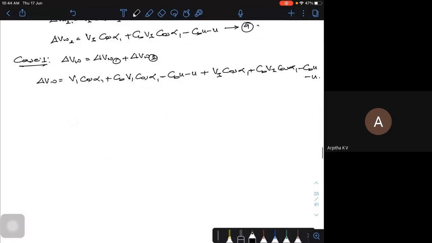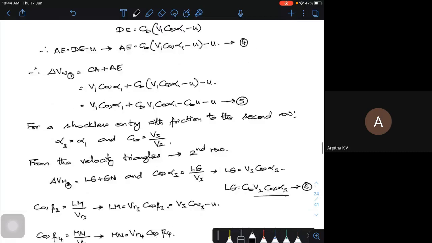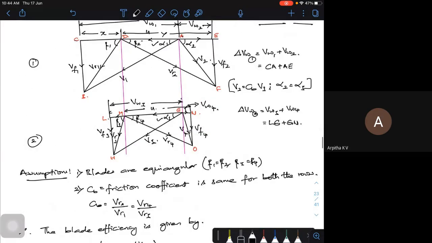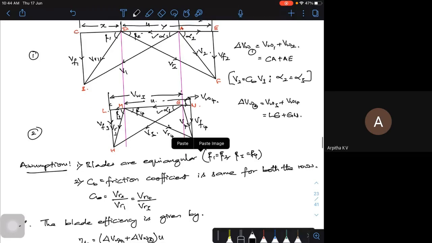From the velocity triangles, let me write what is your cos alpha 3. Cos alpha 3 is equal to Lg divided by V3, or I can write your Lg is equal to V3 into cos alpha 3.